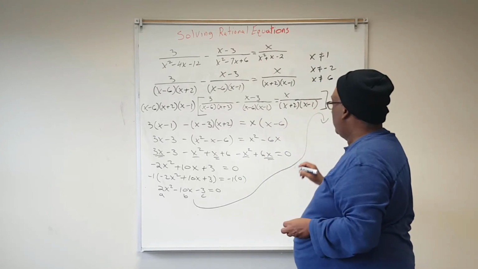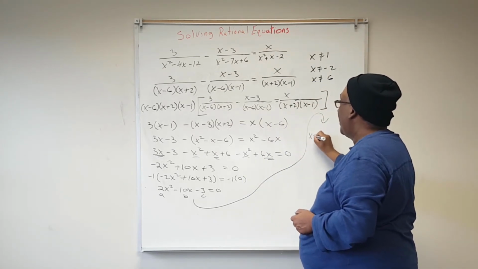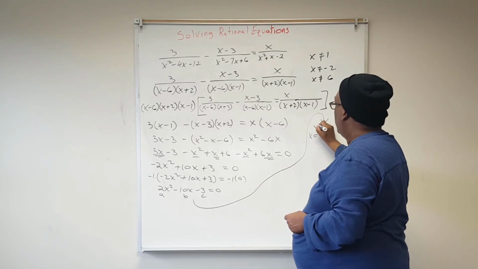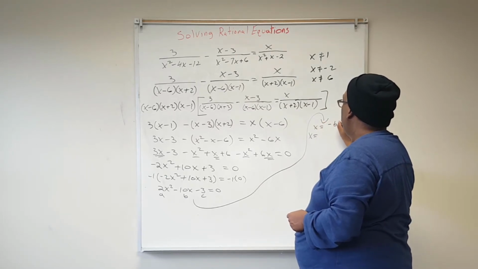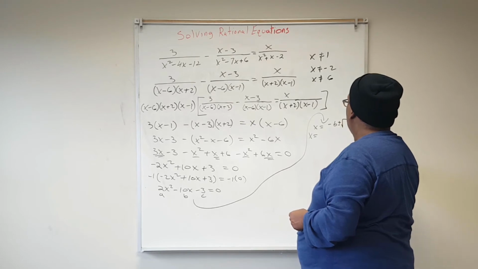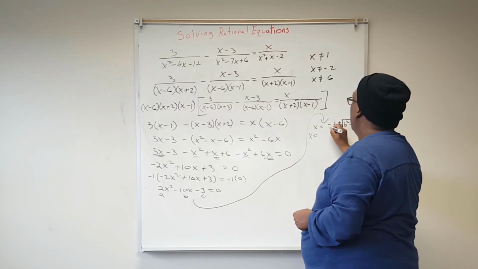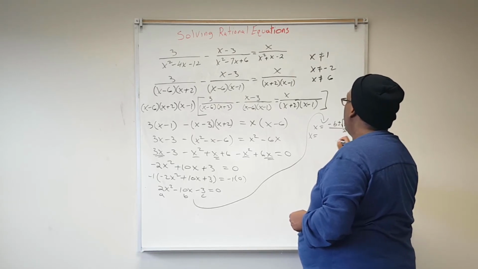Let's find out what x is. X equals minus B plus minus square root B squared minus 4AC over 2A.